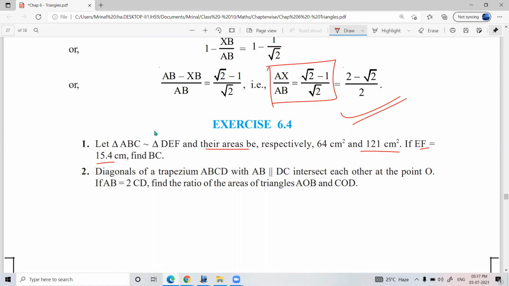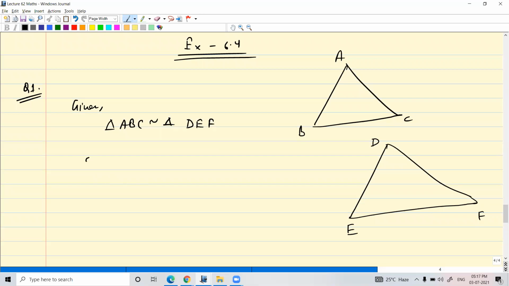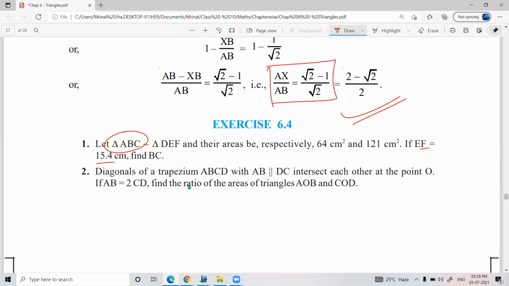So area of triangle ABC is what? 64. Area of triangle ABC is 64 centimeter square and area of triangle DEF is 121 centimeter square. What else have they given?